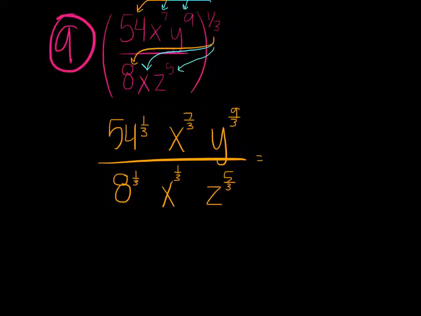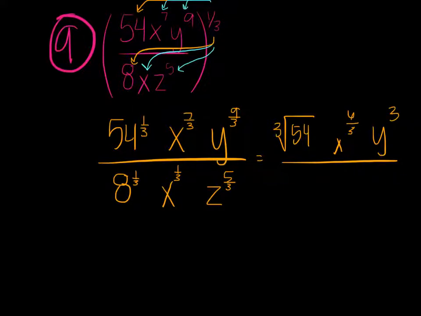We're going to do this would be the cubed root of 54. And this would be x to the 7/3, and on the bottom there's 1/3, so 7/3 minus 1/3 would be x to the 6/3, and there's no other y's to cancel, and 9 divided by 3 is 3, so that would be y to the 3rd.